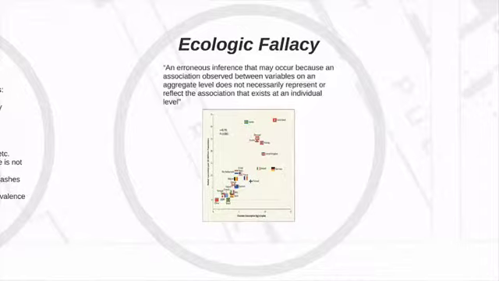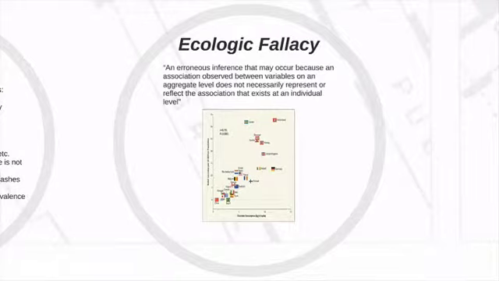So going back to our example about red meat consumption and mortality, you may find that countries with high red meat consumption have high cardiovascular mortality, countries with low meat consumption have low cardiovascular mortality, and you're able to say, there's a correlation here. It seems like high meat consumption is bad. But just because you found that at a group level does not mean that that association exists within individuals.